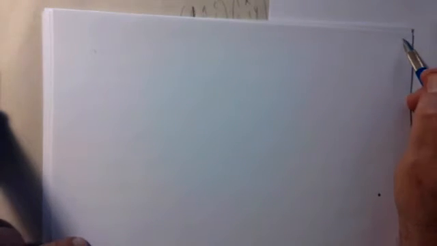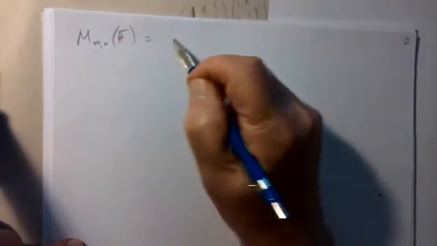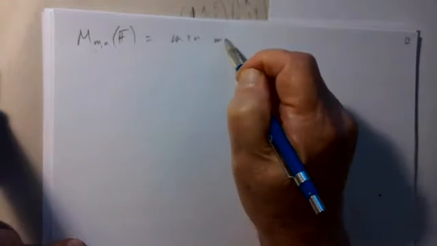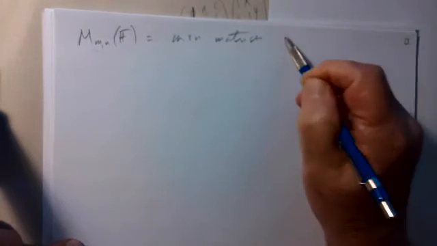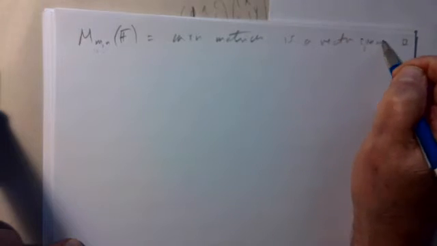So for example, we know that M sub m,n of F, that's the set of all m by n matrices, is a vector space for any m and n.